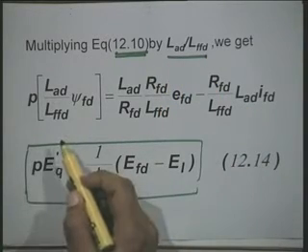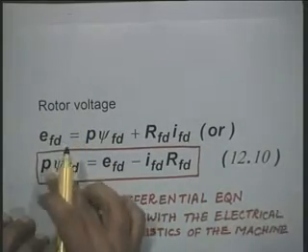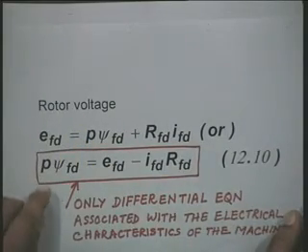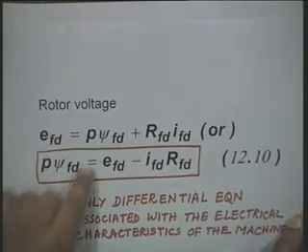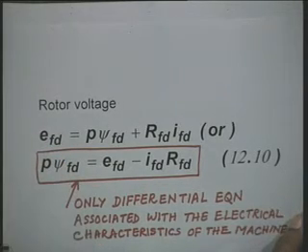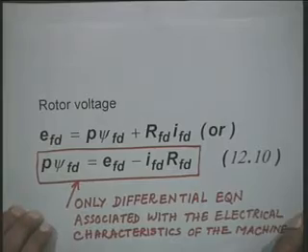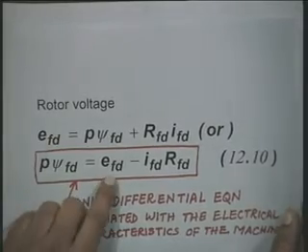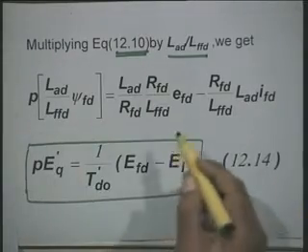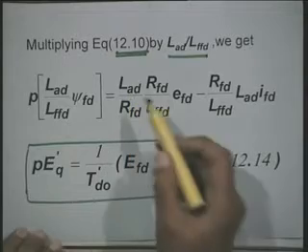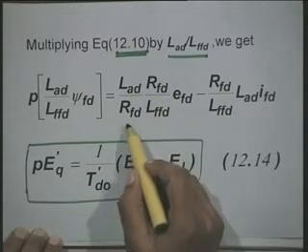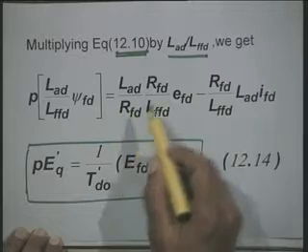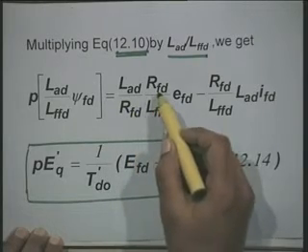When you multiply both sides, you will have the term P multiplied by LAD divided by LFFD into psi FD, and this term is identified as EQ prime as per our new definition. Similarly, this EFD, when it is multiplied by LAD upon LFFD, you multiply and divide this term by RFD.